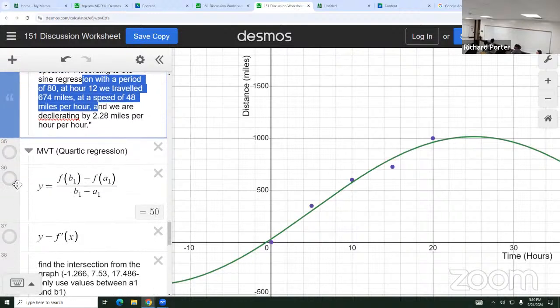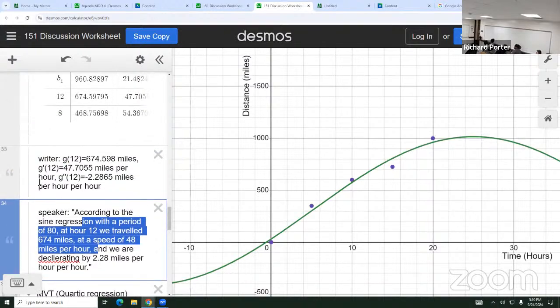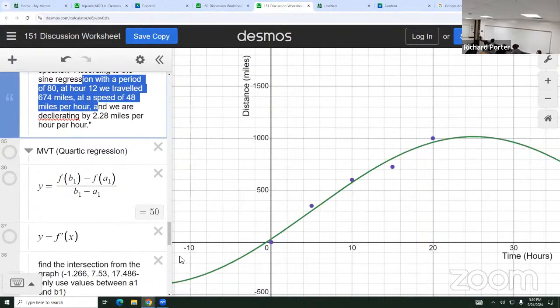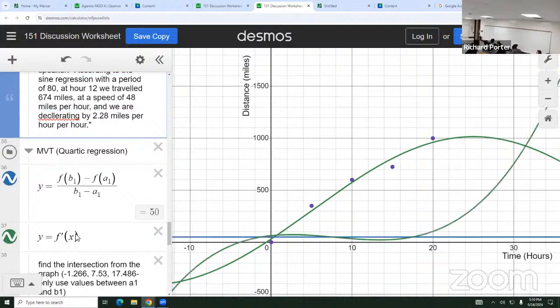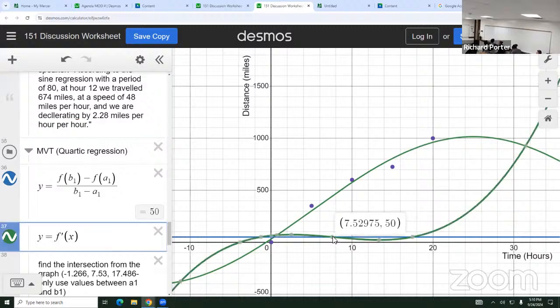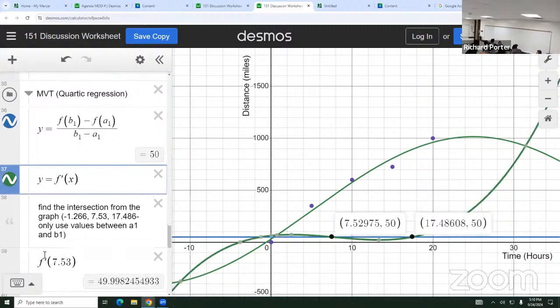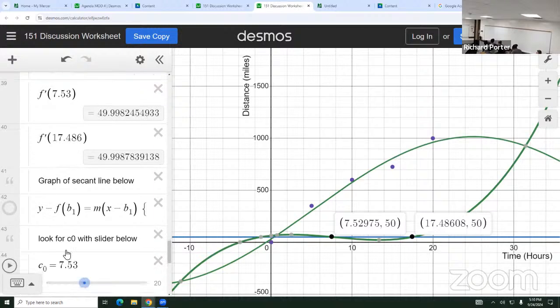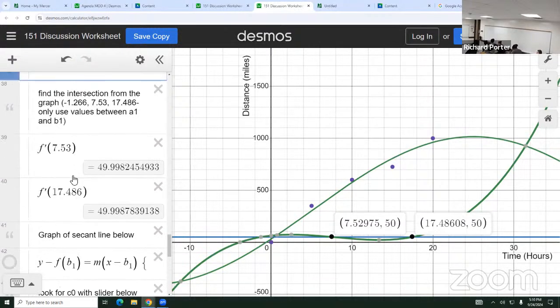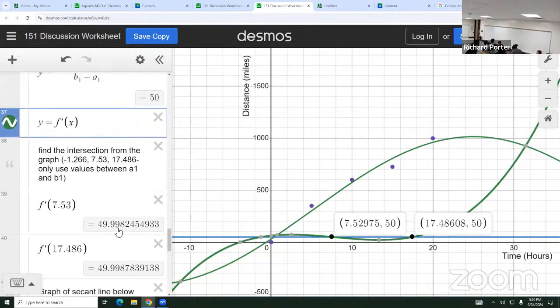And if you have time, you can move on to the mean value theorem if you want. I think I discussed this last time. That's just a matter of turning all of this off and turning the quartic regression back on. Then click this one on and that one on and look for the intersection. Then plug it into the table, or plug it into these functions to show that the average rate of change is equal to the instantaneous.